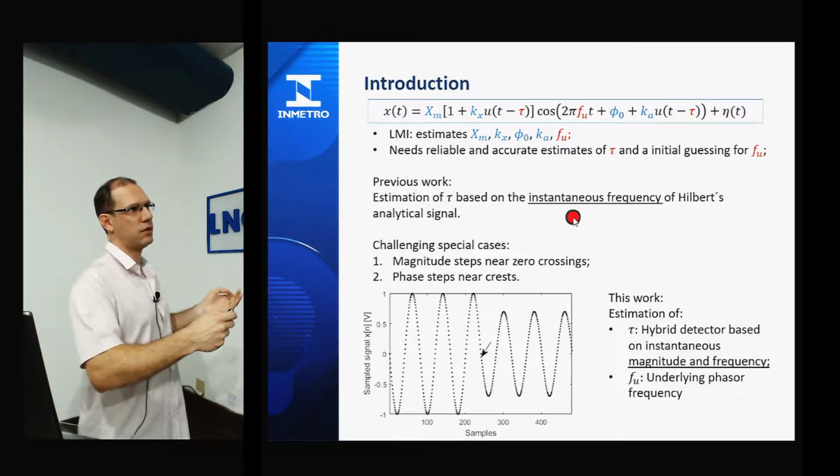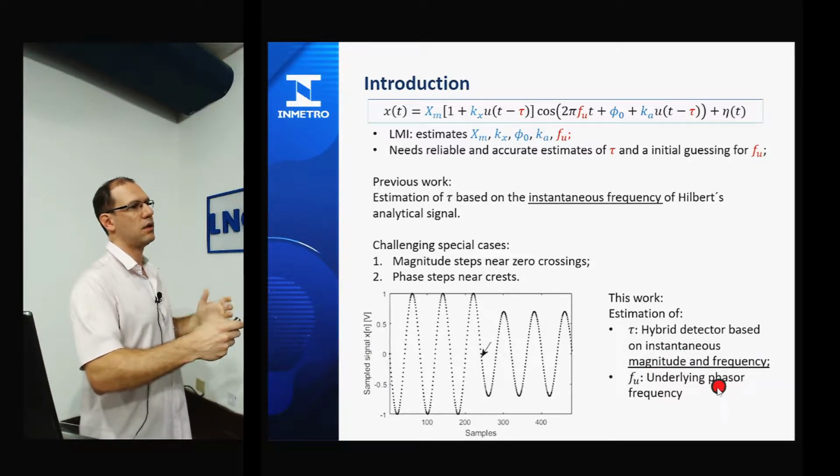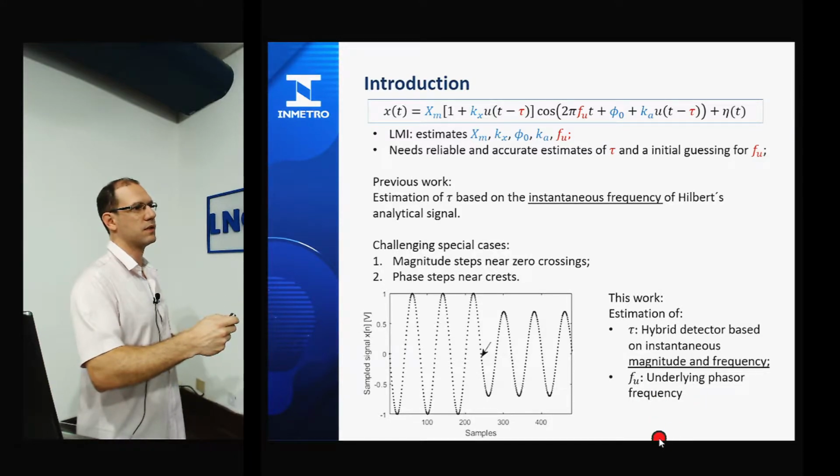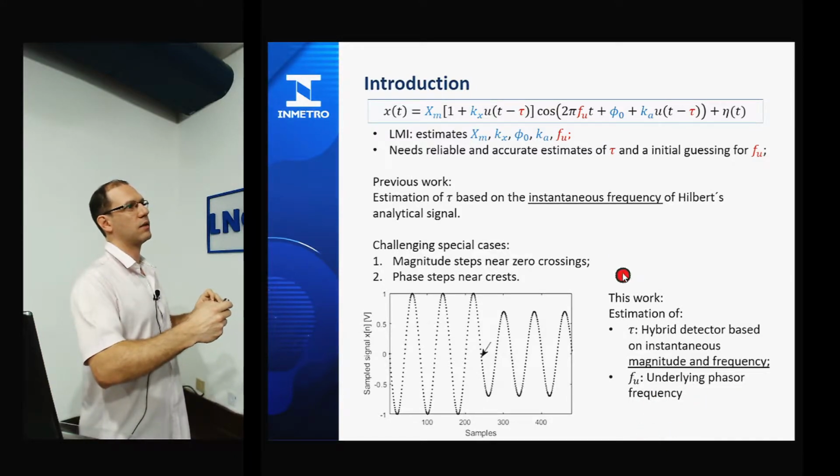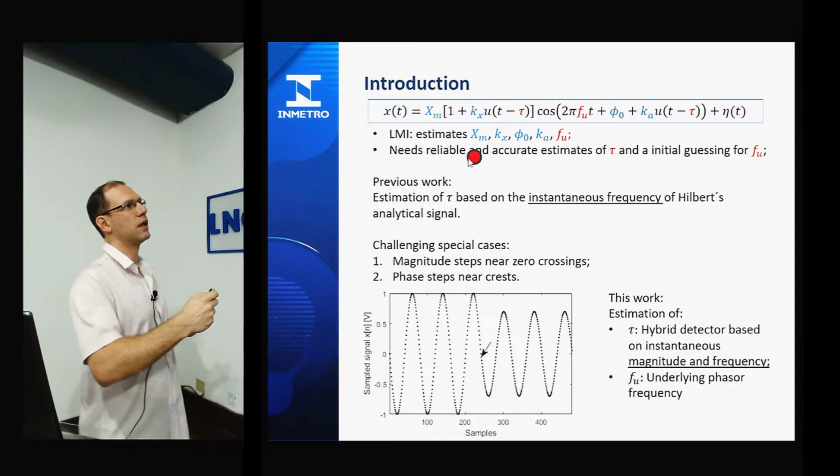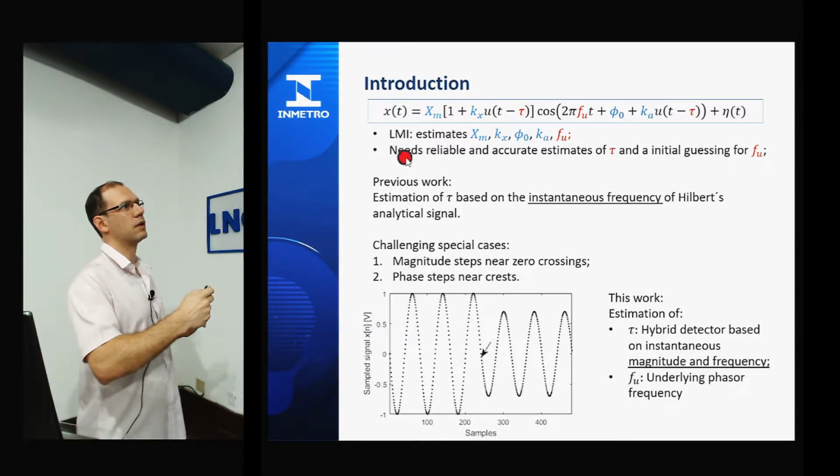Before, we used only the instantaneous frequency, and now we use the instantaneous magnitude and the instantaneous frequency. We can also give an estimation for the underlying frequency, which can be the initial guess for the Levenberg-Marquardt iteration.